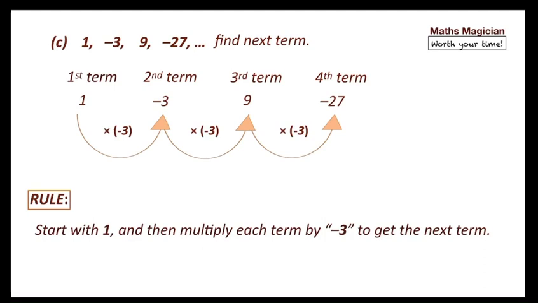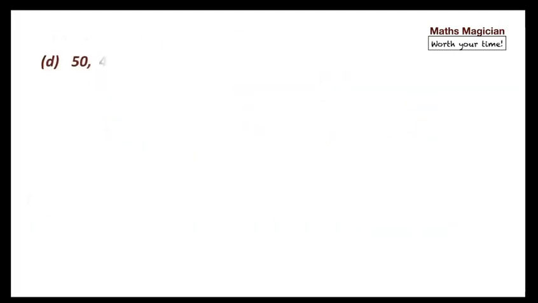Now we have to find the fifth term. So applying the rule and using the diagram, we multiply the fourth term by -3 and get the fifth term, which is 81.